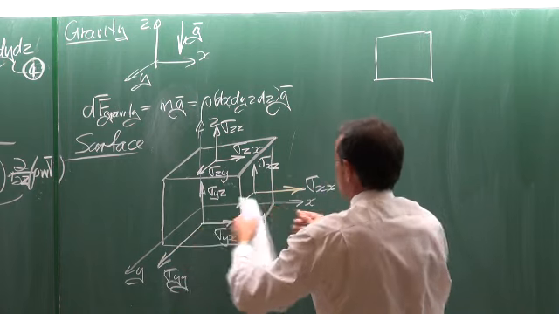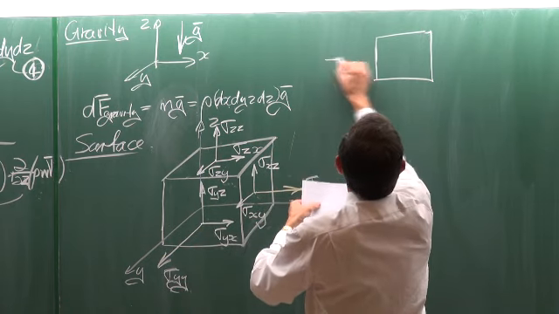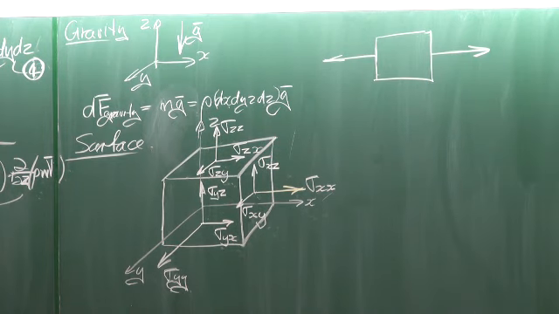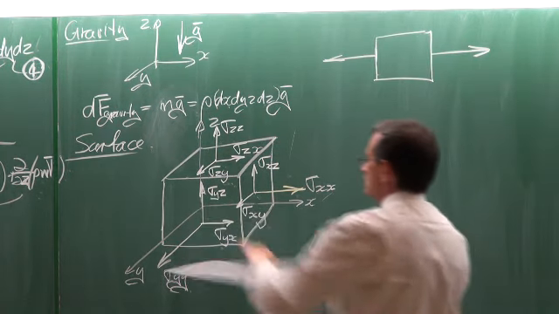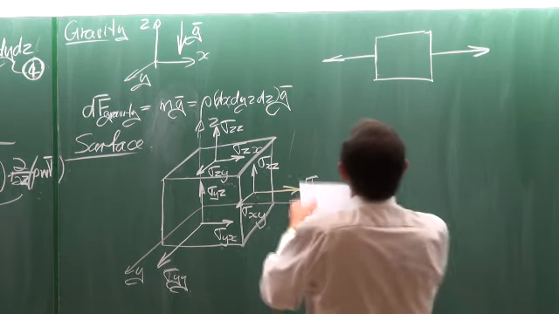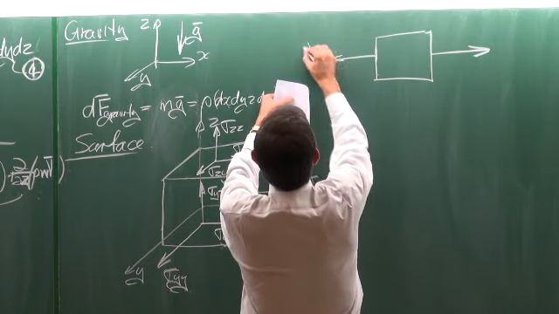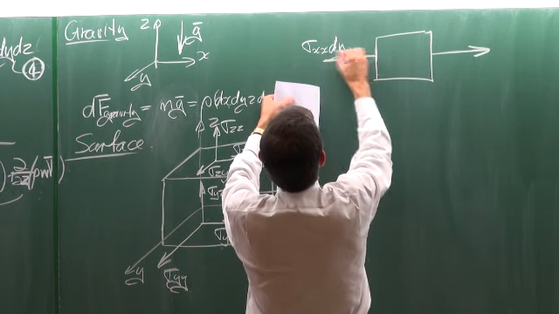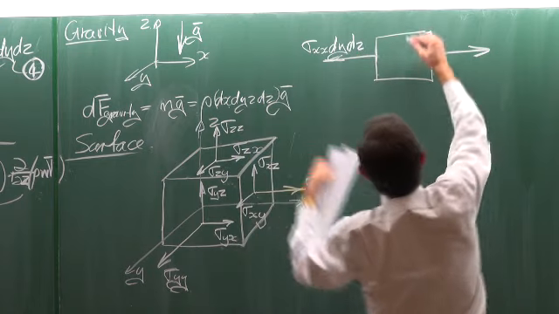Let's look at it from that direction. What we now do is look at these stresses on the surfaces, or the forces. If it's the x direction, then this one would be sigma xx multiplied by dy dz.